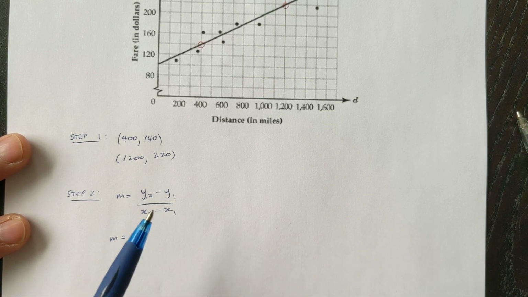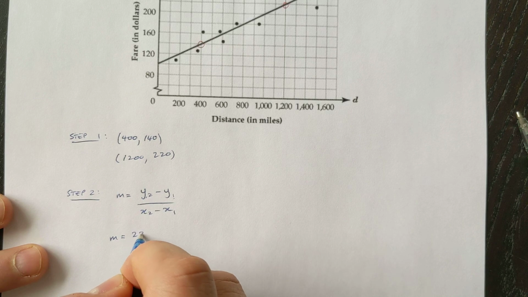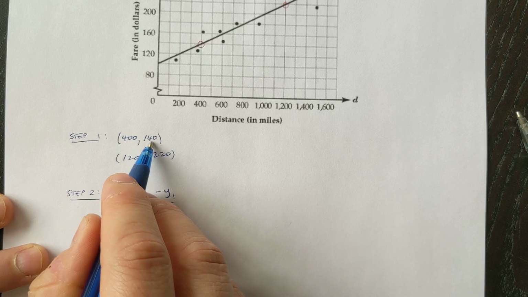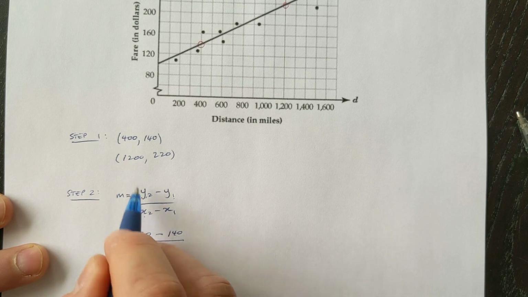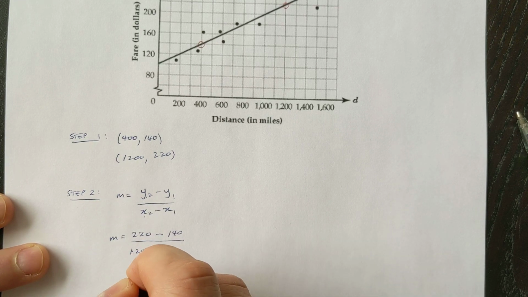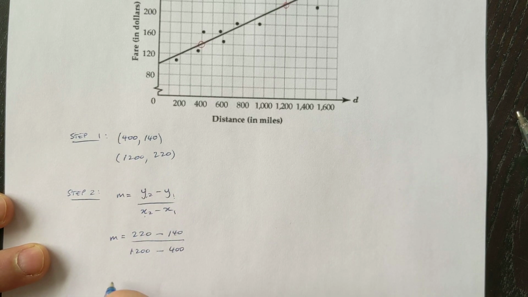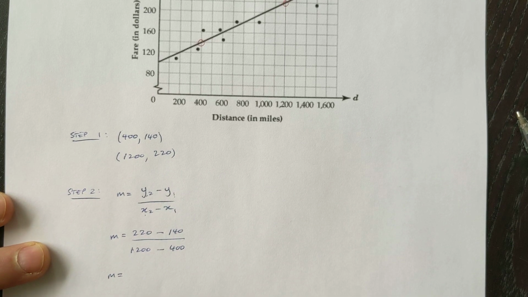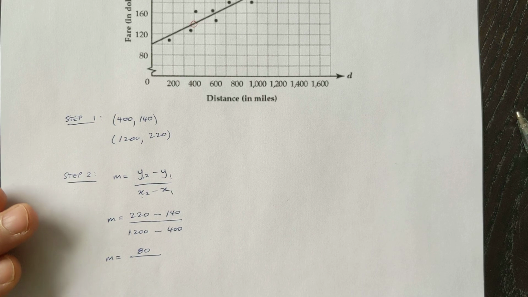So y2 in this case is 220 minus y1, which is 140, all over x2, 1,200, minus 400. Okay, performing that calculation, I get 80 over 800.